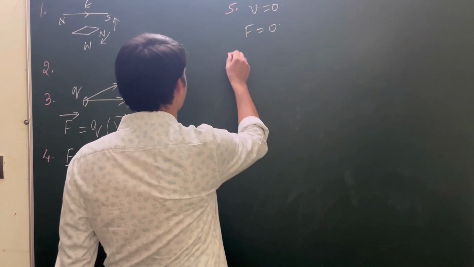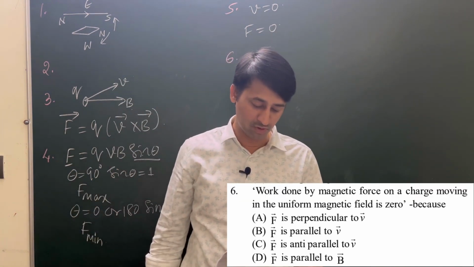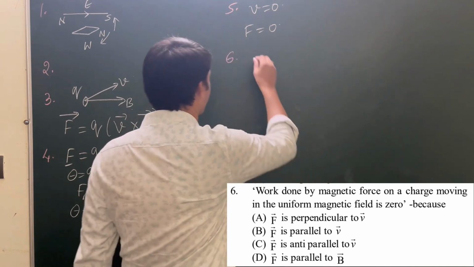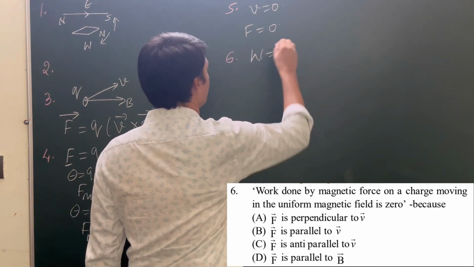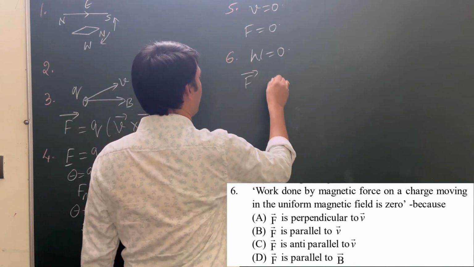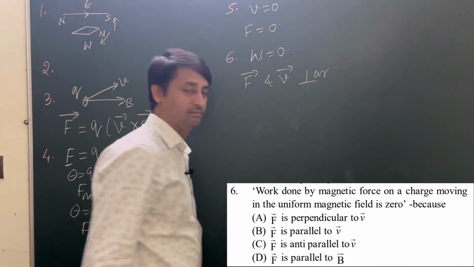Next, question number 6. Work done by magnetic force on a charge moving in a uniform magnetic field is 0. Work done is equal to 0 because here the force and velocity are perpendicular to each other.